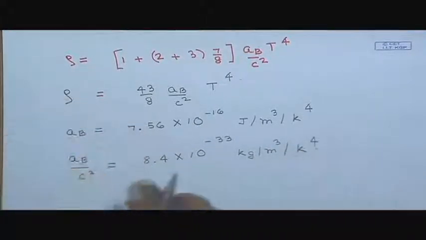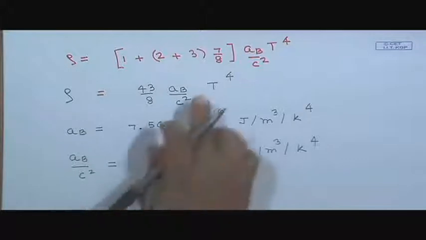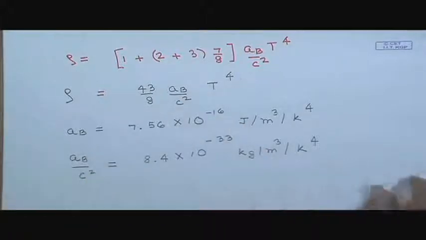So, this is what we will use to calculate a_B by c square, the energy density in terms of the temperature, and it will give us the energy density in units of kg per meter cube.